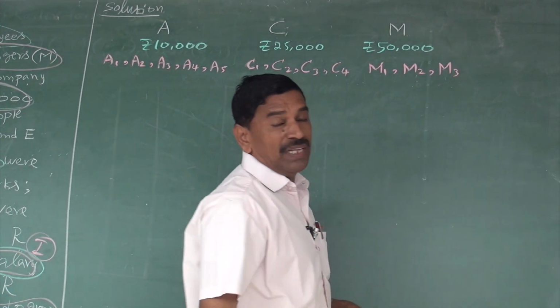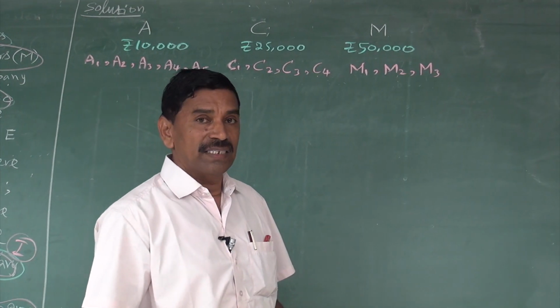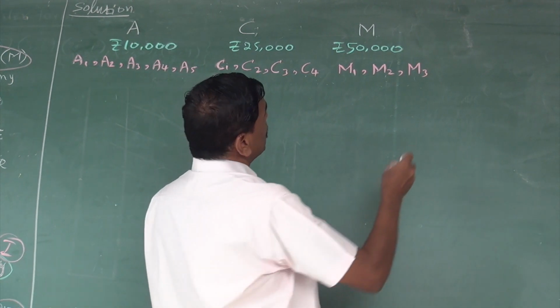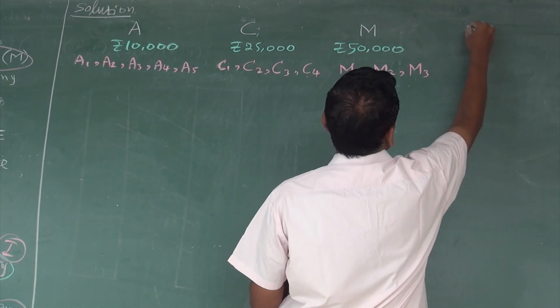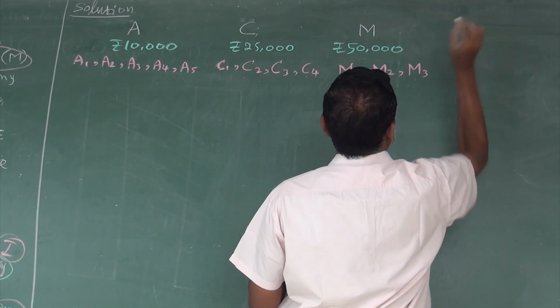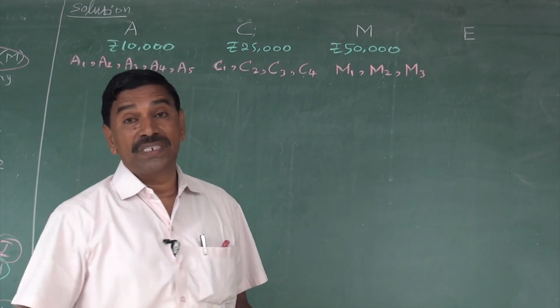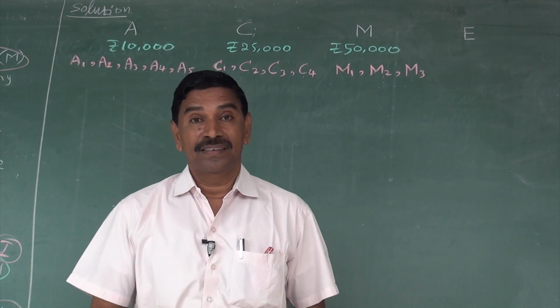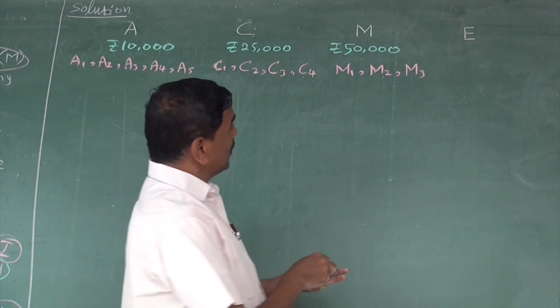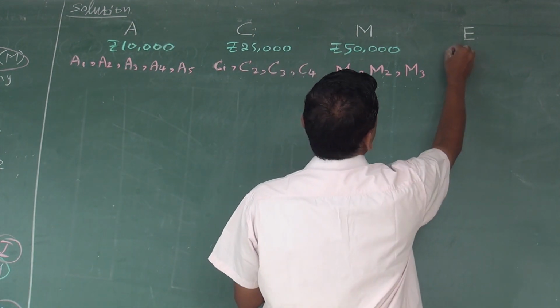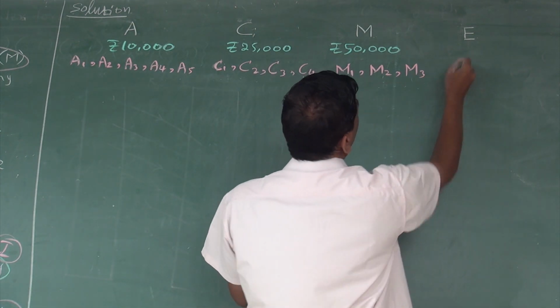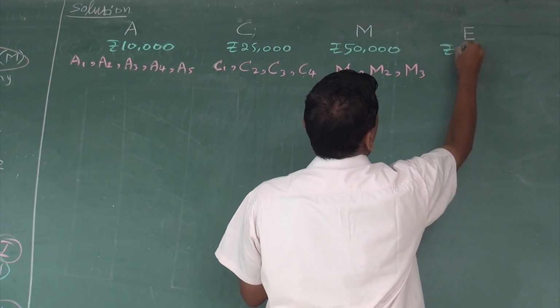Okay, what is the next data? Yes, executive officers, denoted by capital E. Each executive officer can get how much salary? Yes, rupees 1 lakh.